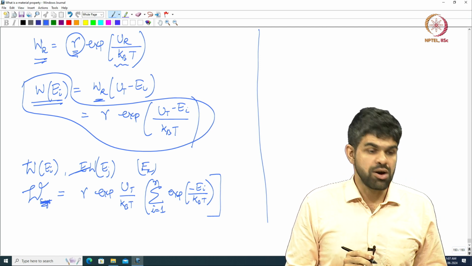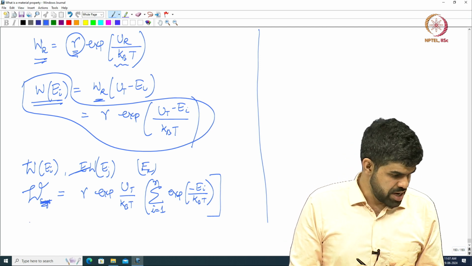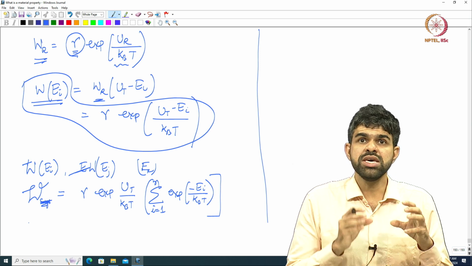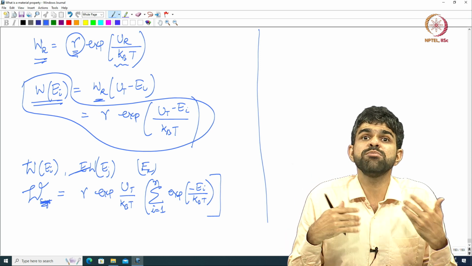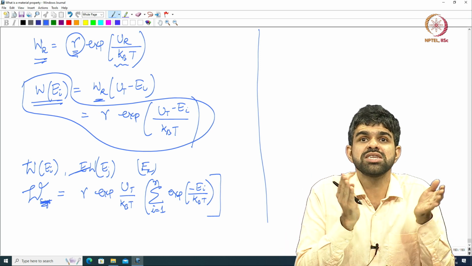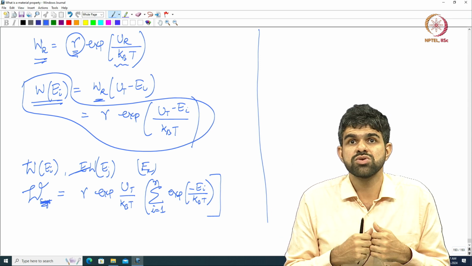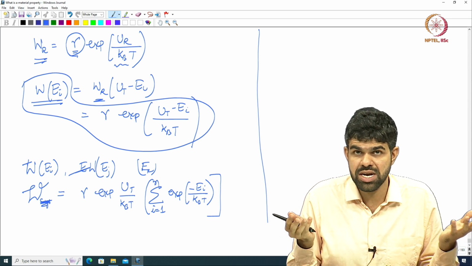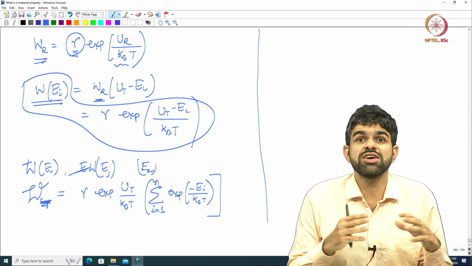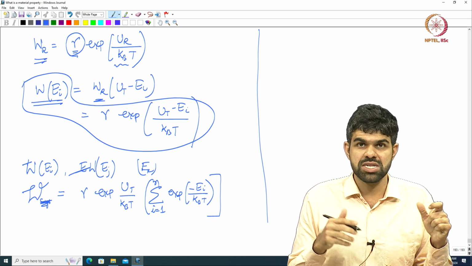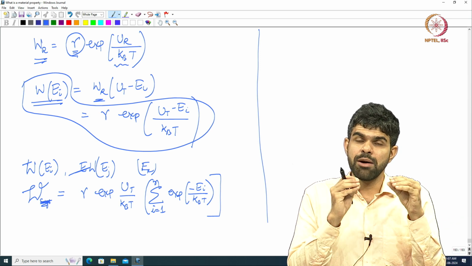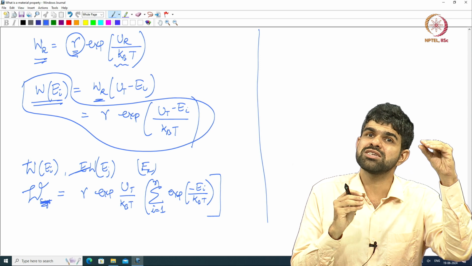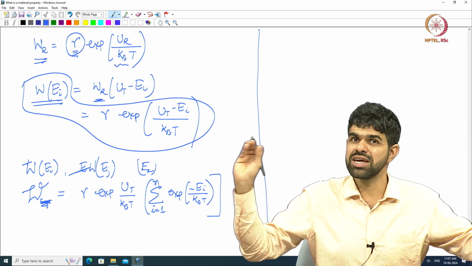Okay. Now I ask the question: each of these microstates is equally probable. My system can either exist in EI or EJ or whatever be the microstate that I define. So my system can equally probably exist in all these microstates. Here I have made my life simple by saying either the system exists in EI or EJ or EK and so on and so forth.